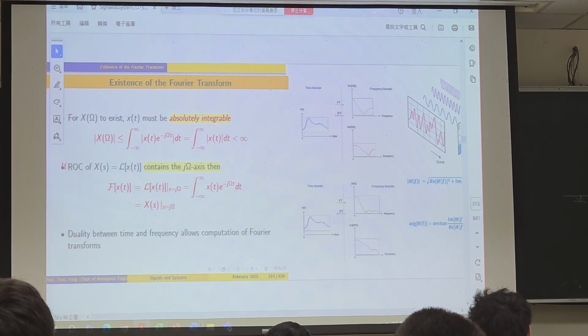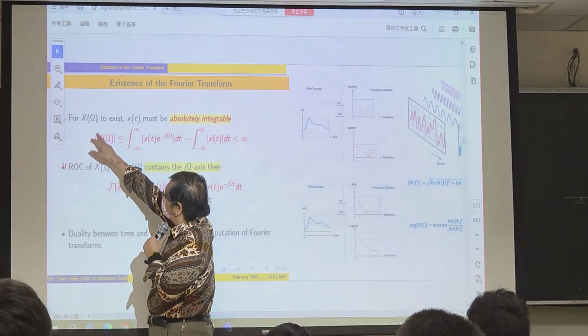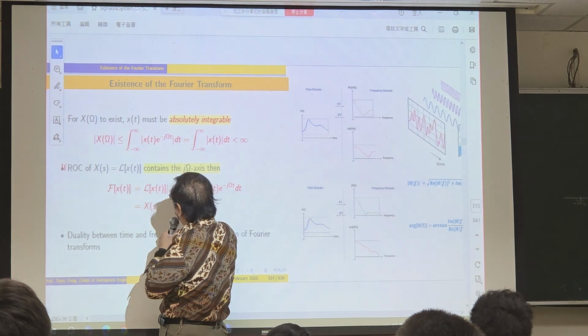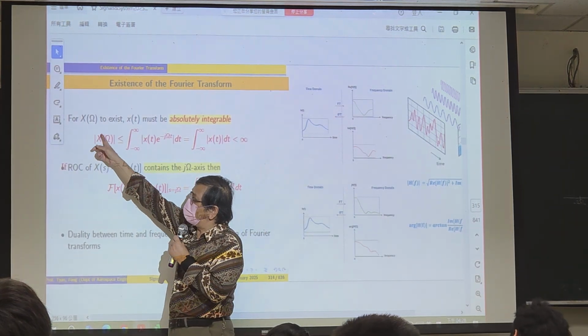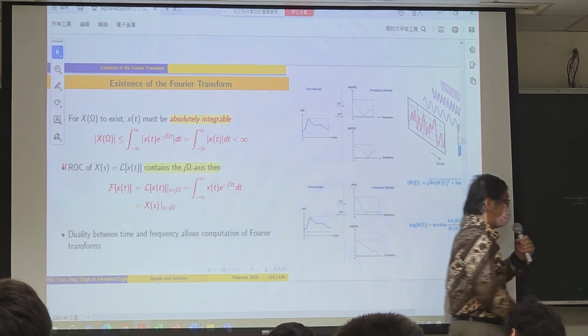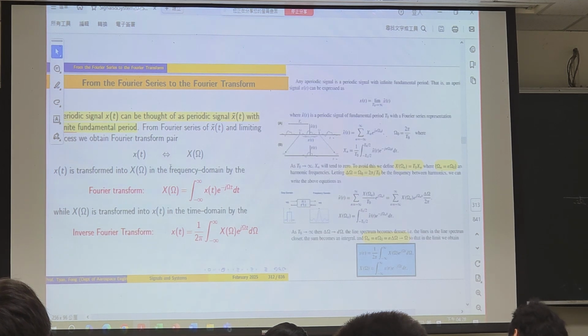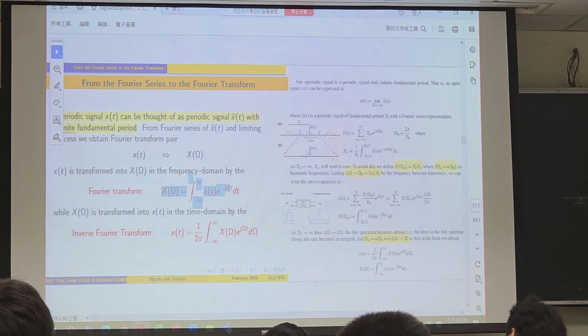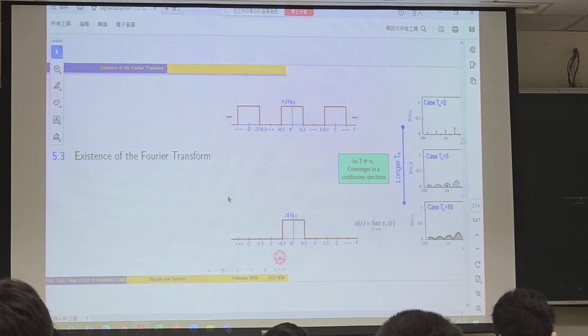Now, in order to have the frequency response x of omega, we have a condition for that. The frequency response is given by the projection of the function of t onto the complex exponential or sinusoidal function.